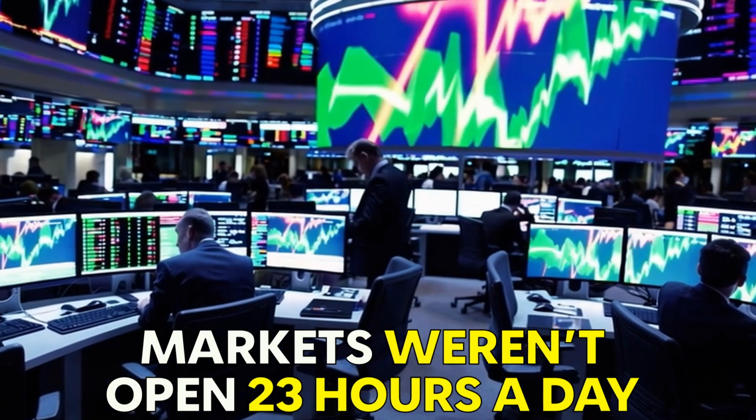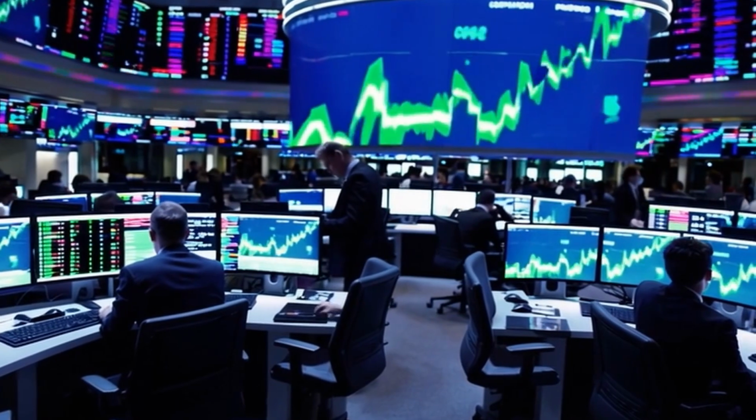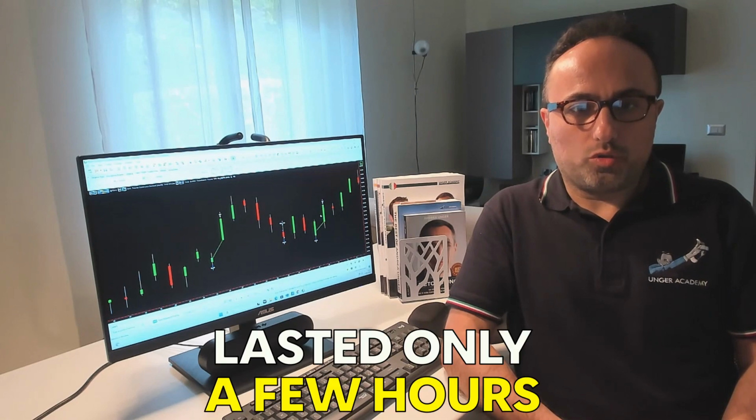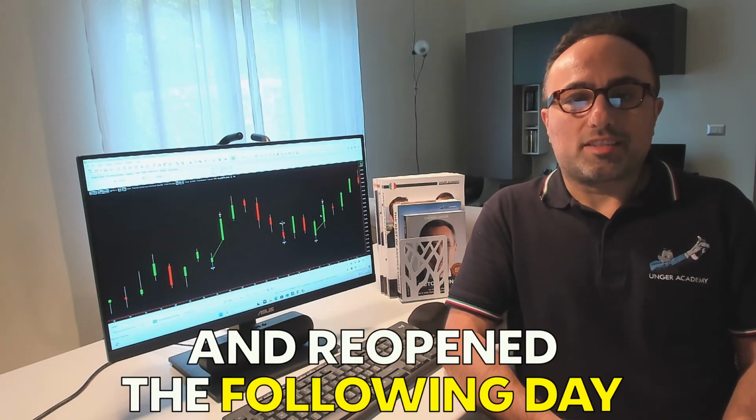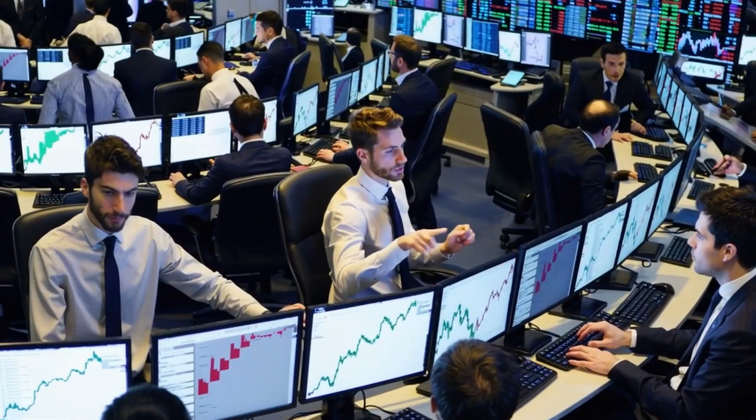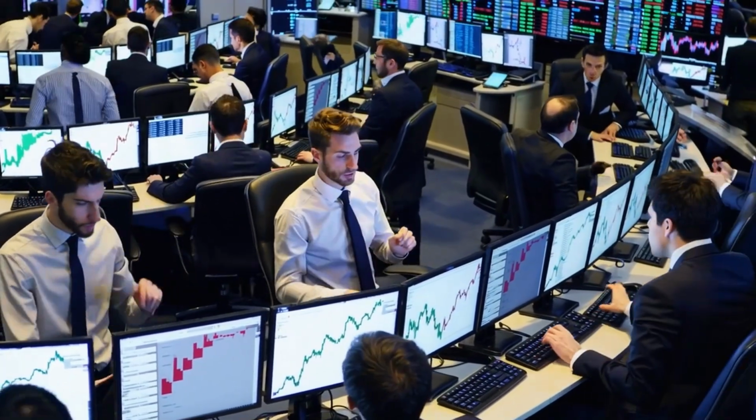Keep in mind that when this setup was created, markets weren't open 23 hours a day like modern futures markets are. Back then, trading sessions lasted only a few hours and reopened the following day, creating the ideal conditions for gaps to form. All major US stock index futures markets have had extended sessions for quite some time now.